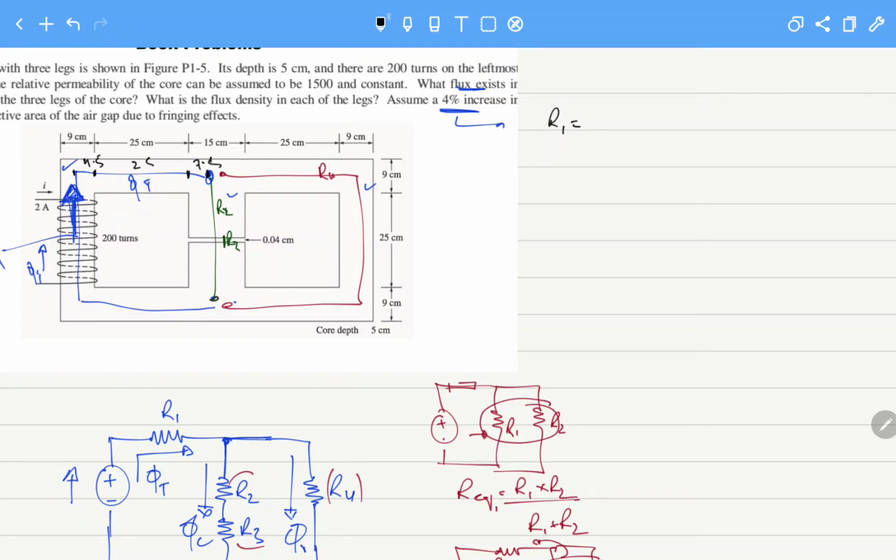So we have 25, and then this will become 37, and this will also become similarly 37, and this side will then become 25.